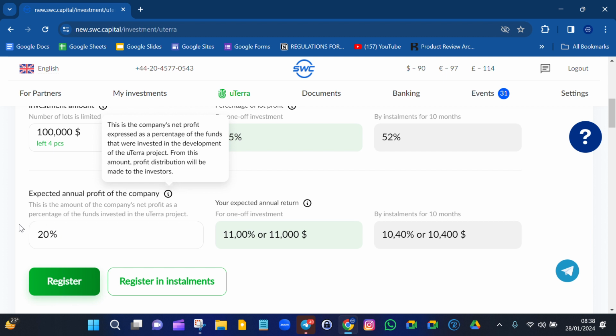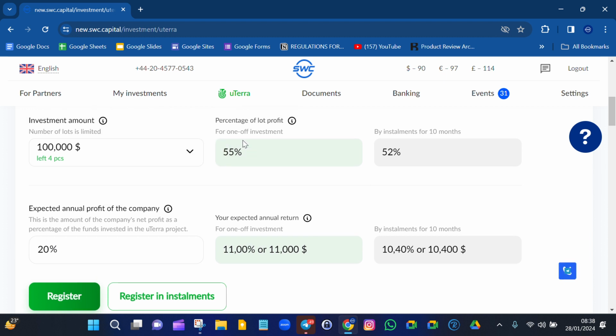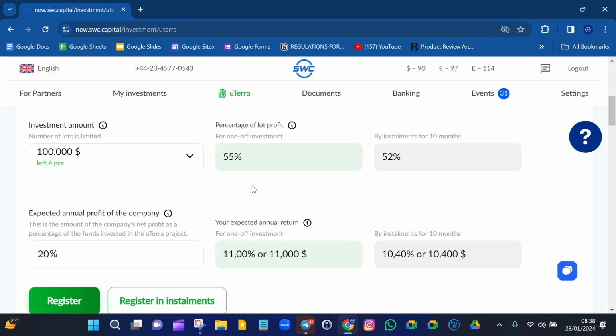And on the basis of what the company pays, these people who have made this investment will now get 55% of that 20%. So let's do the calculation. Although the calculation has already been done, let us see how they arrived at this particular amount as expected annual return. Now, $100,000 is what you invested.